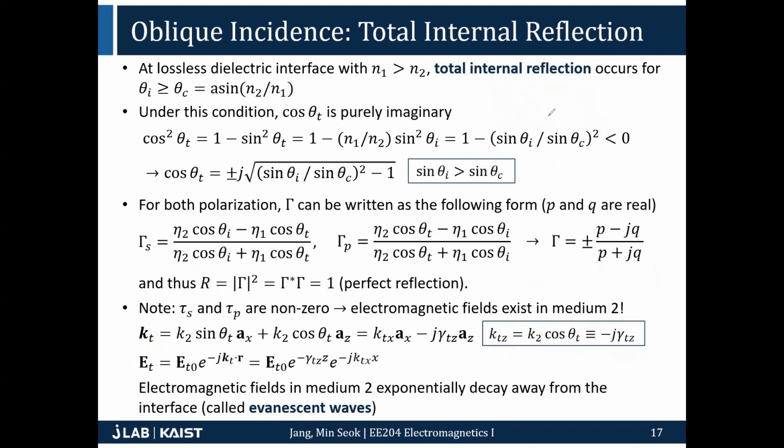So if you have a proper picture of total internal reflection, it's like this. You have medium N1, medium N2. You have the propagating wave of incident light and the propagating wave of reflected light.